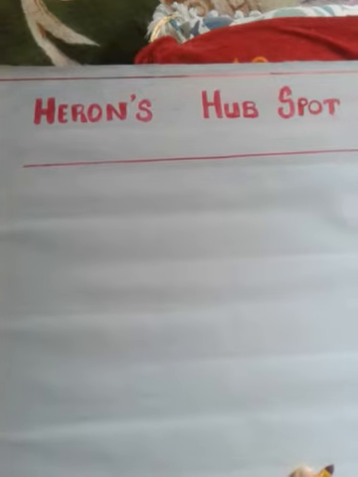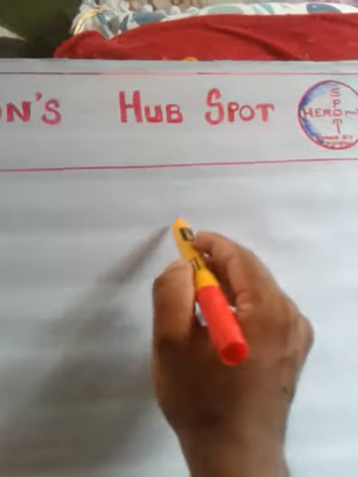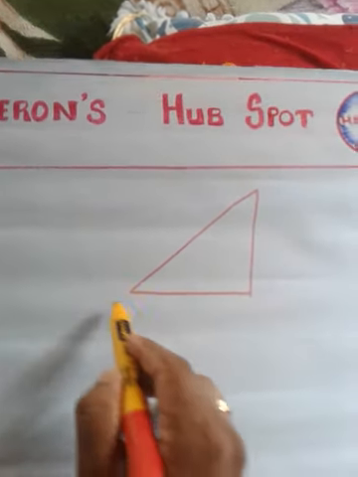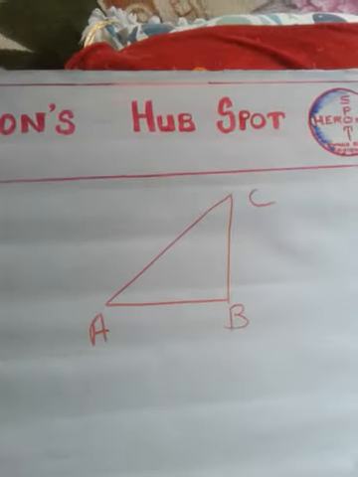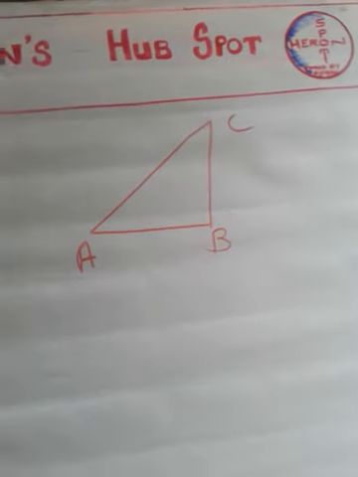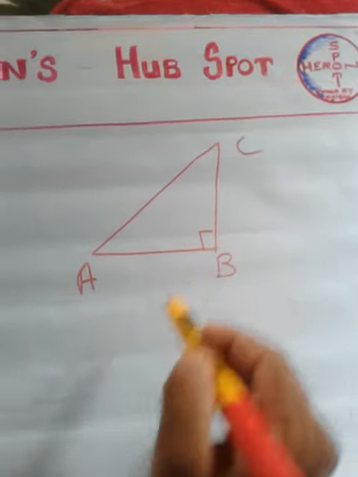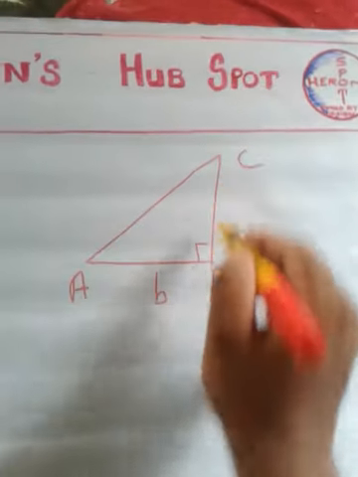As I told you, our chapter is Heron's formula, and let me explain by drawing a figure also. I'm going to name the triangle ABC. If it is a right triangle, this is the base and this is the height.